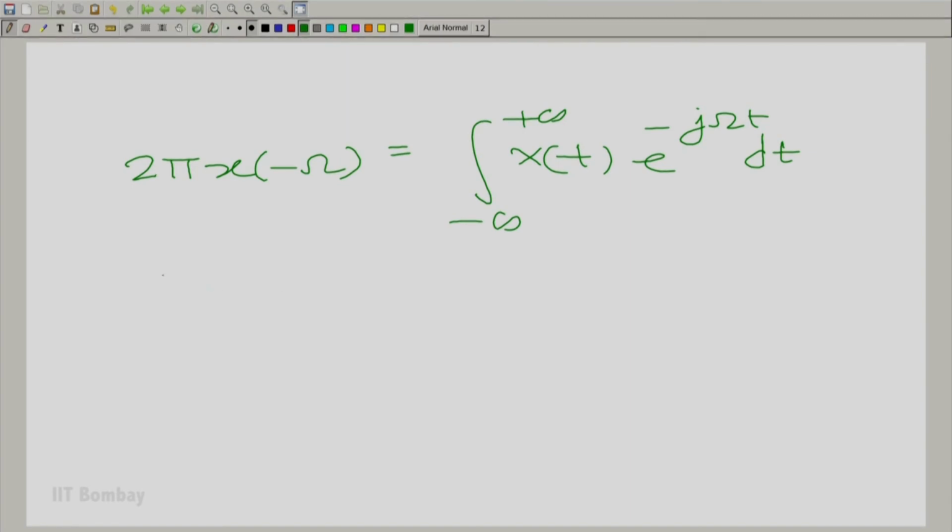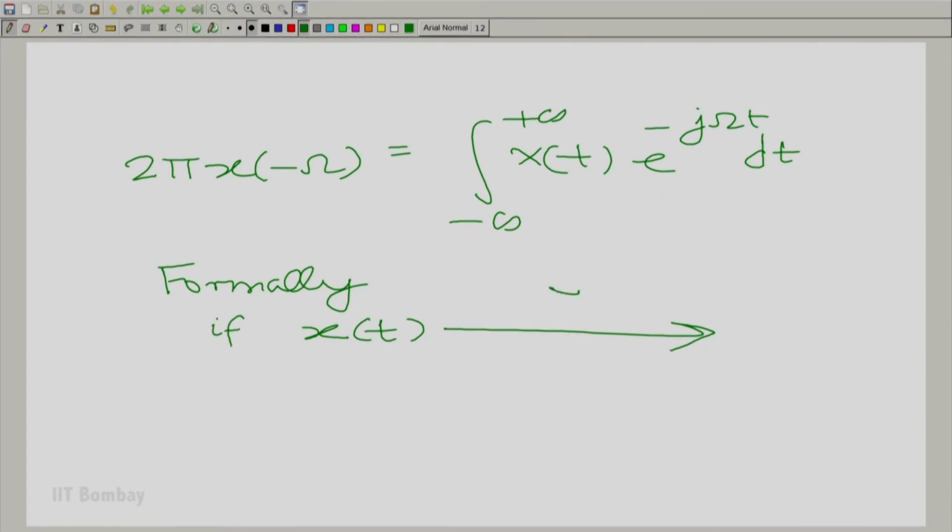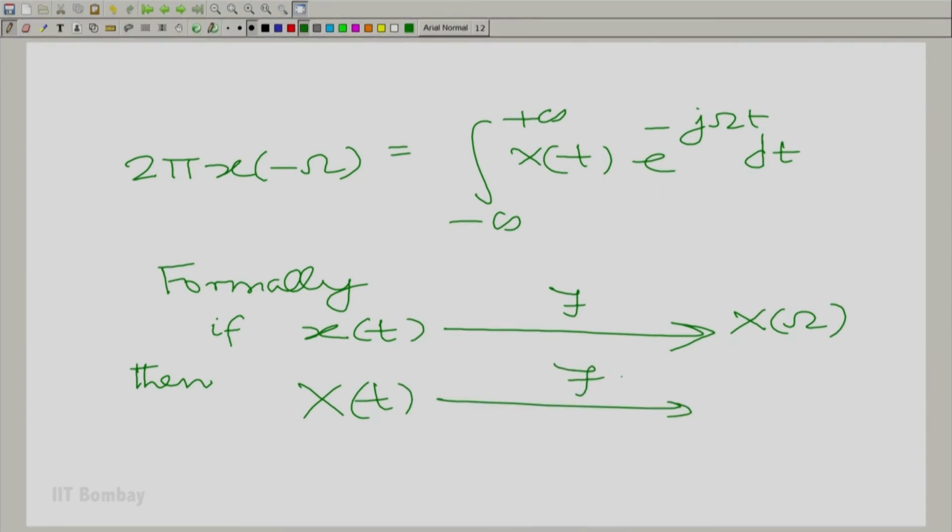Now, formally we are saying if small x(t) has the Fourier transform capital X(ω), then capital X(t) has the Fourier transform 2π small x evaluated at −ω. A very powerful result.